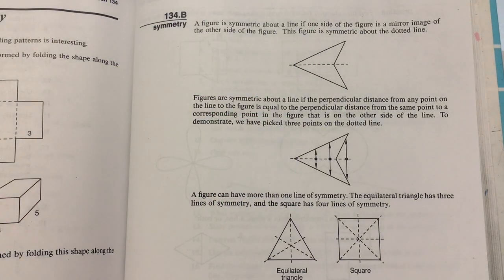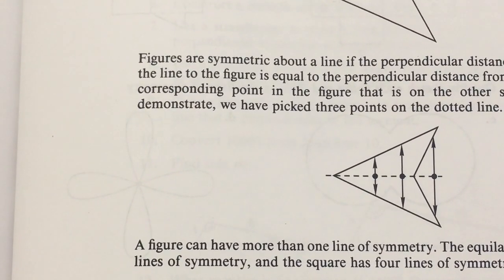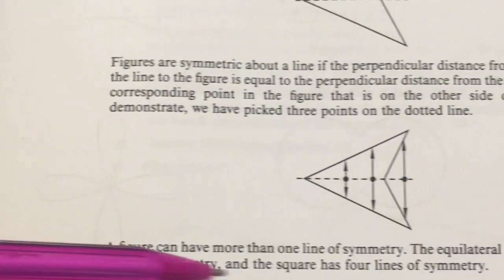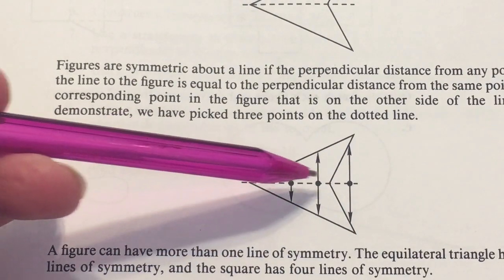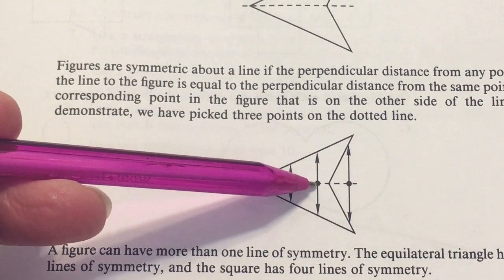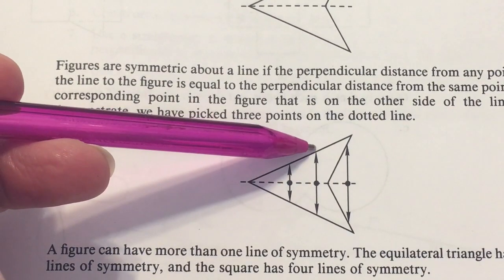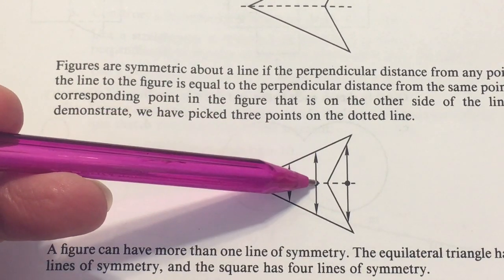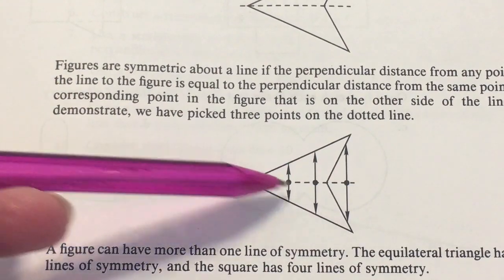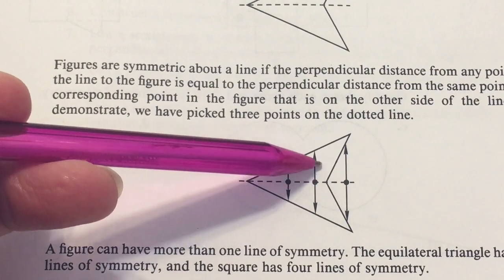So let me see if I can get that a little bit bigger for you. Okay, so again, on this one, this is the second point that they have drawn on the dotted line. The distance from the dot to the end of the figure, perpendicular to this center line. Perpendicular means right angles, right? That's a right angle right there.